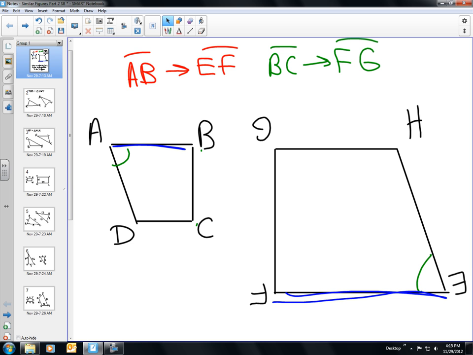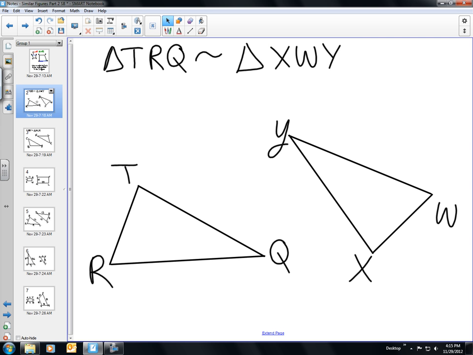So let's look at example 1. Example 1 says that triangle TRQ is similar to XWY. The way we know that they're similar is because of this symbol here. That tilde, or that squiggly, tells us that those two triangles are similar. Now, it says identify the corresponding sides.